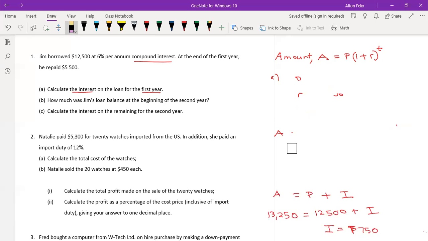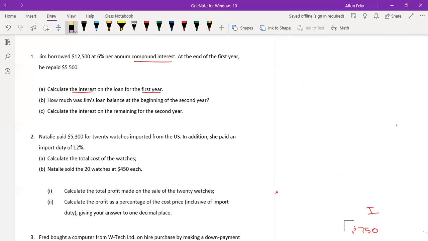Right, now you can start looking at part B, see what that question is asking us to do. Right here, we are told that he paid off. Remember, he paid off at the end of the first year, he paid 5,500, right? So remember, at the end of the first year, he had 13,250, right? So let's put that in the form of a timeline.